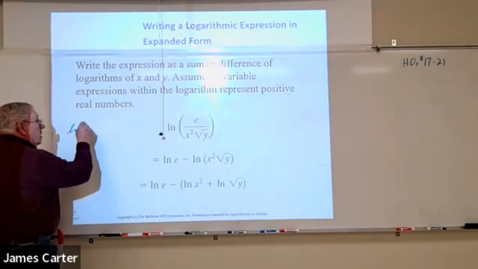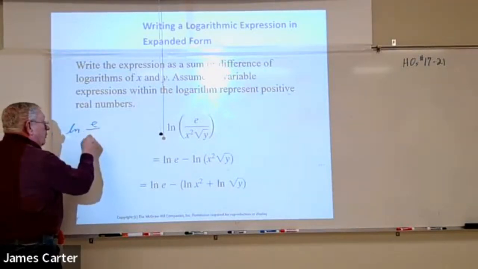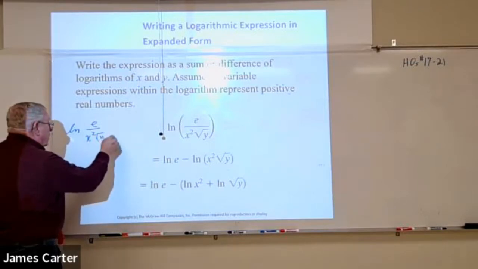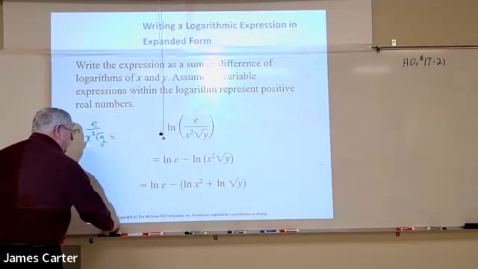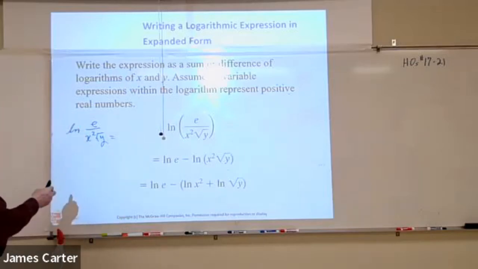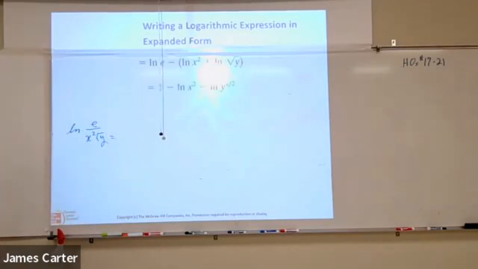Natural log of e over x squared square root of y equals. What I'm saying is I would go straight from that to this. Except you're thinking, where the heck did he get that 1 from?